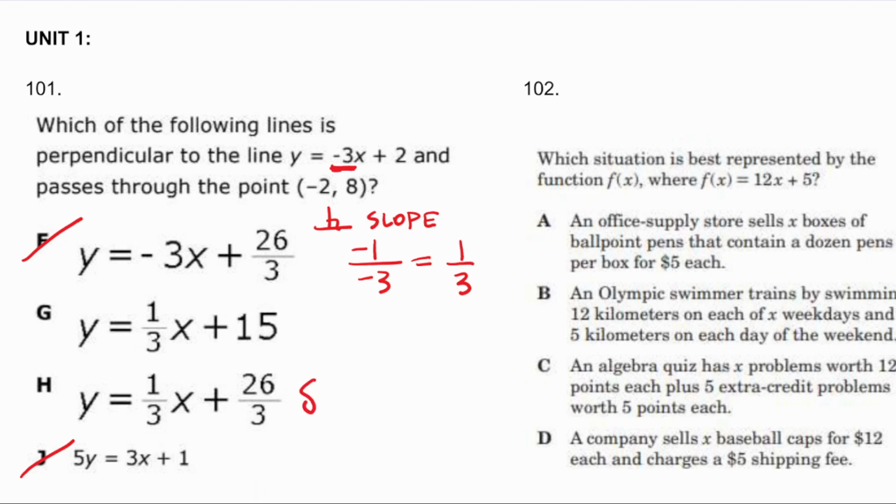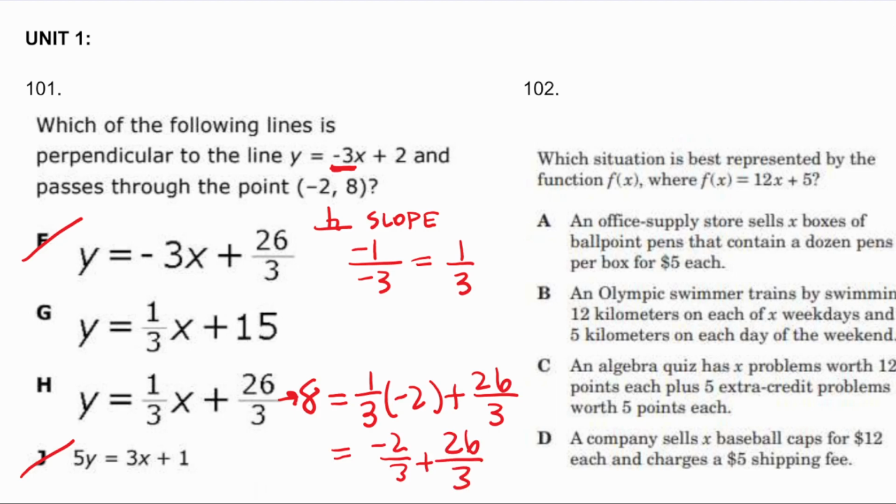So is 8 equal to 1/3 of -2 plus 26 over 3? Well, that would be -2/3 plus 26/3 equaling 8, which is 24/3. That is true, so I know it's going to be answer choice H.